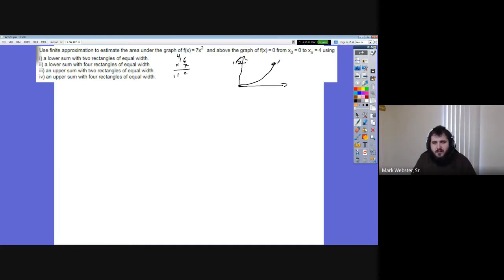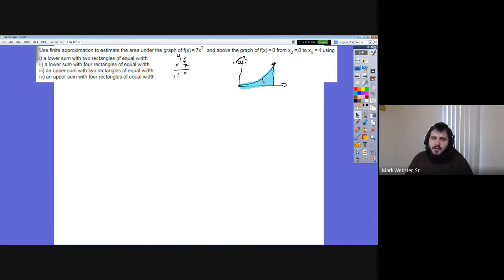This is what we care about, and we want to get the area of this graph. So look at what we're working with. We've got this area right here, and let me shade it in. This area in here is what we're trying to figure out. And what we're going to do is approximate this with rectangles.